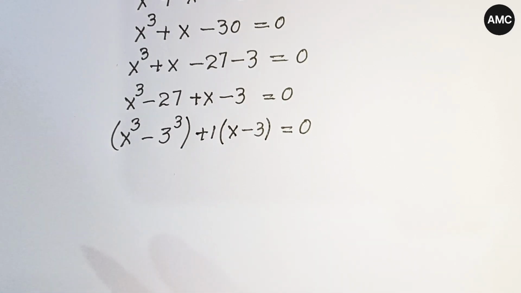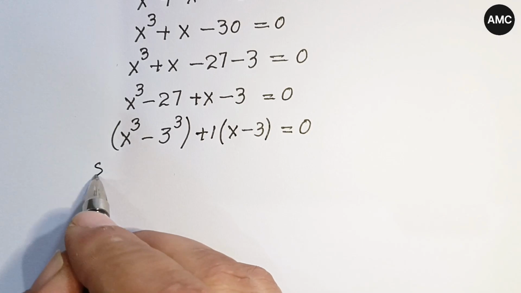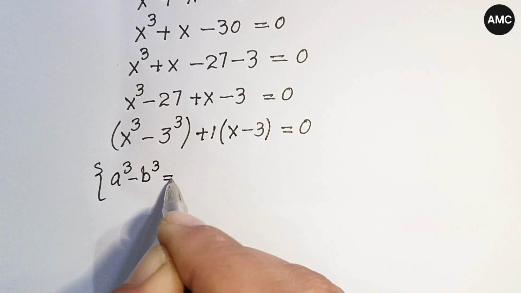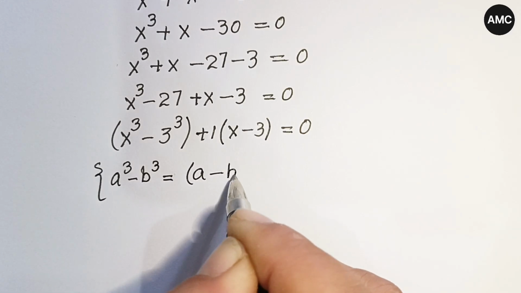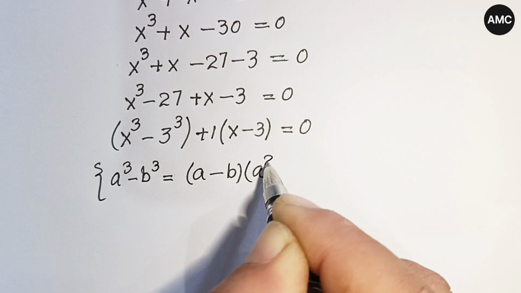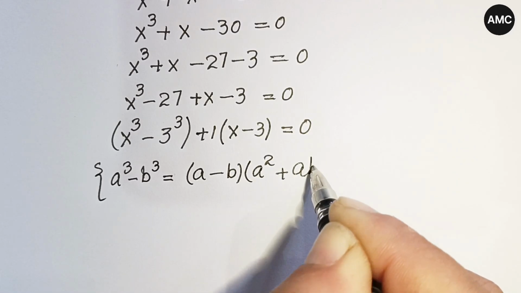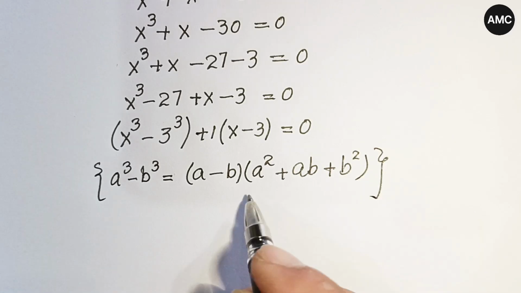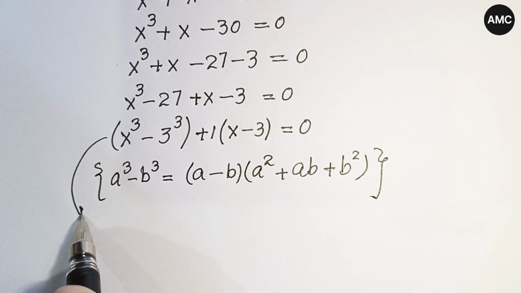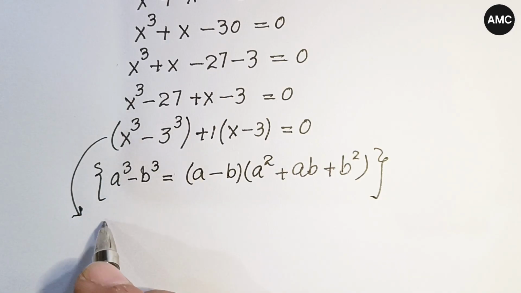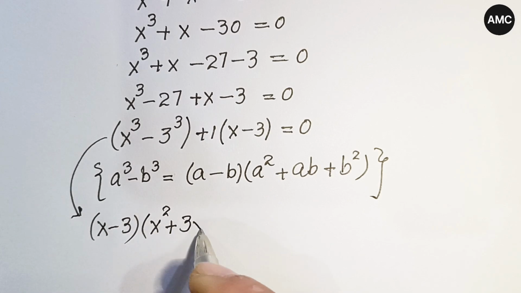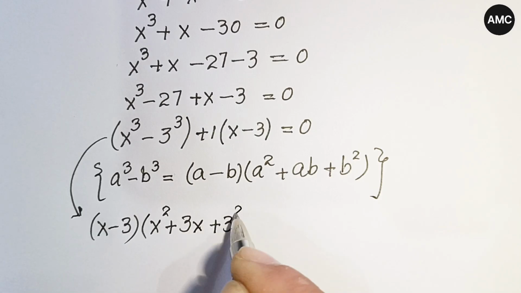Now according to the algebraic formula, if we have a cubed minus b cubed, then it is equal to (a minus b) times (a squared plus a times b plus b squared). So applying this formula here, x cubed minus 3 cubed will be (x minus 3) times (x squared plus 3 times x plus 3 squared).